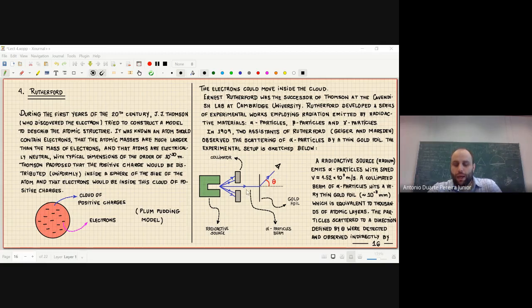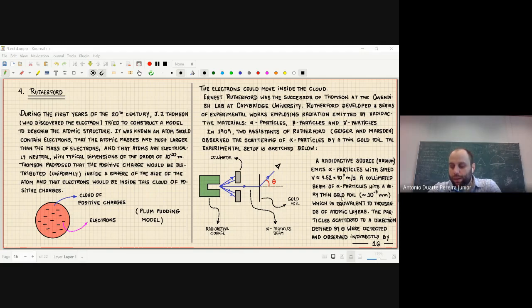This beam was made of alpha particles. You don't have to know the details about that, but the important part is that you are really sending radiation against a very thin layer of gold. Just to give you some details, the alpha particles were emitted with this velocity here. So this is a very high speed.